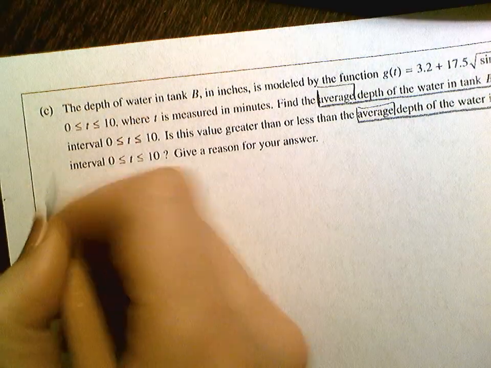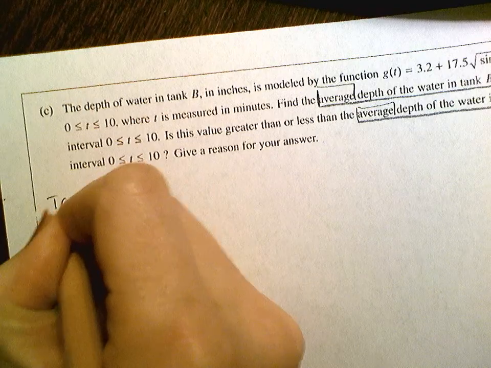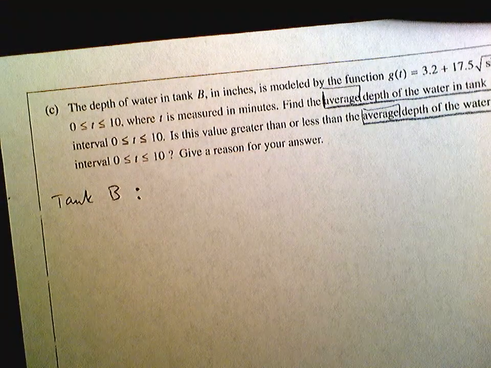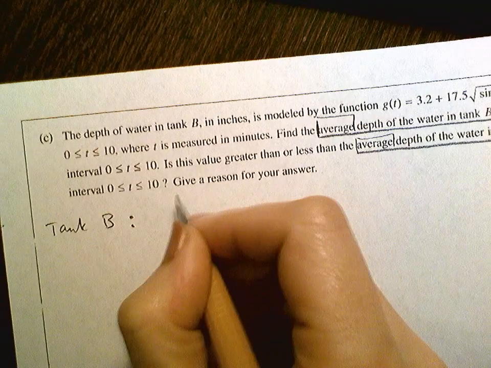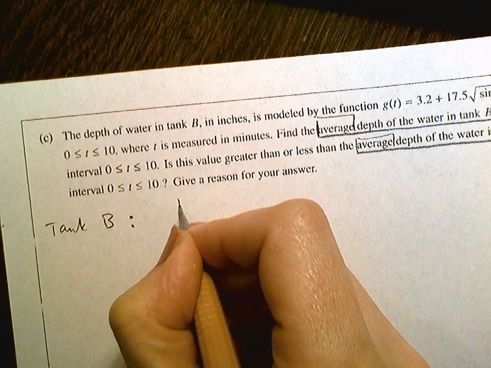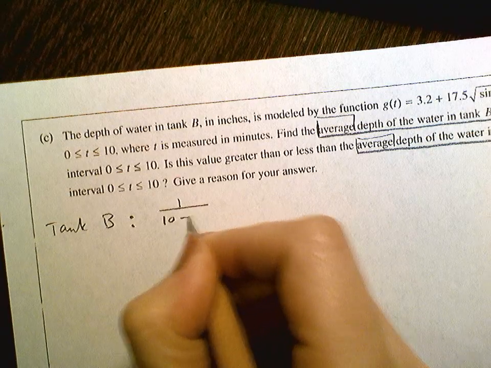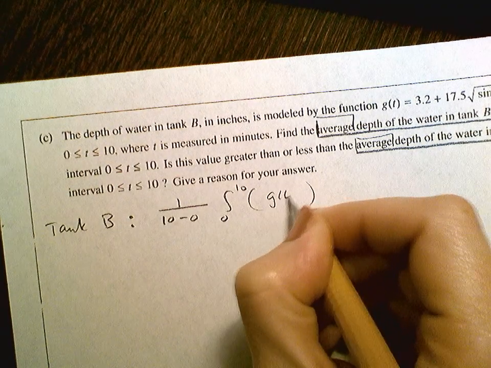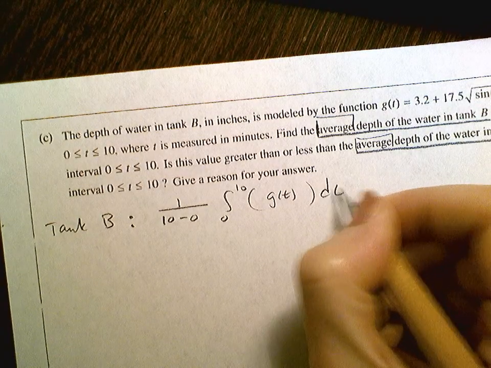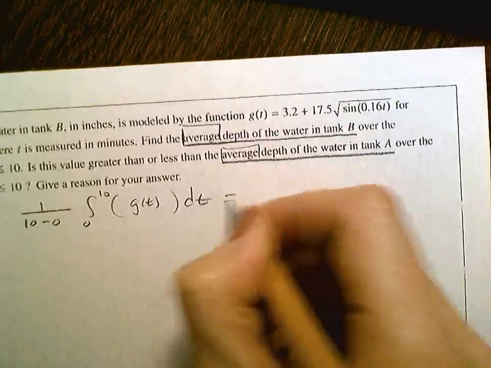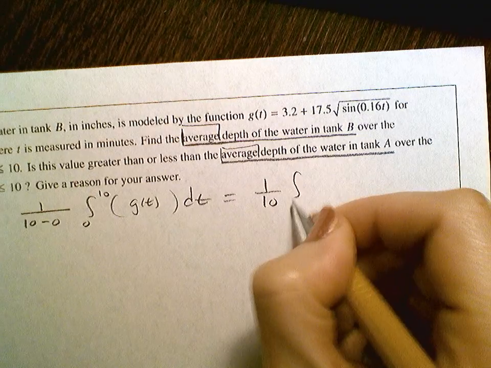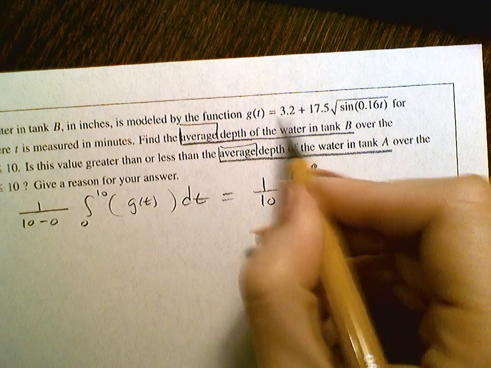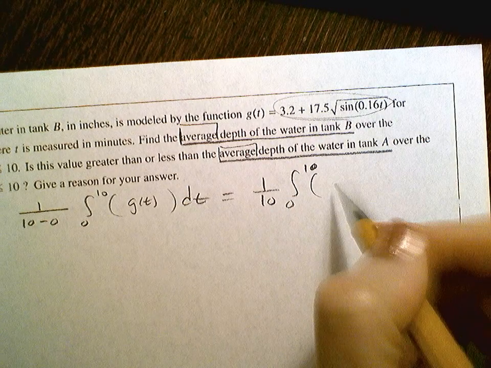Okay, so for tank B, it's going to be 1 over 10 minus 0 times the integral from 0 to 10, and then you put g of t in there.